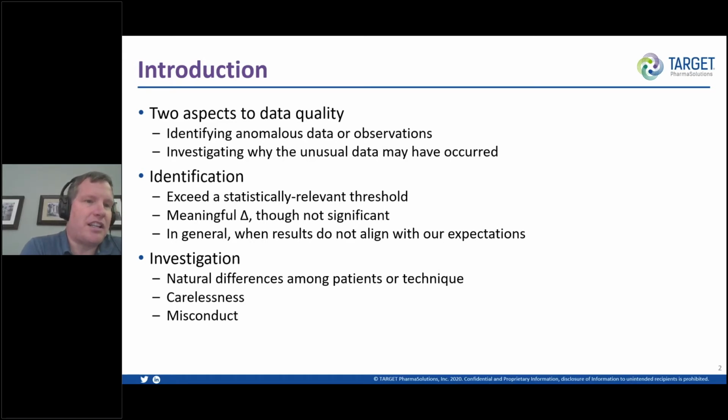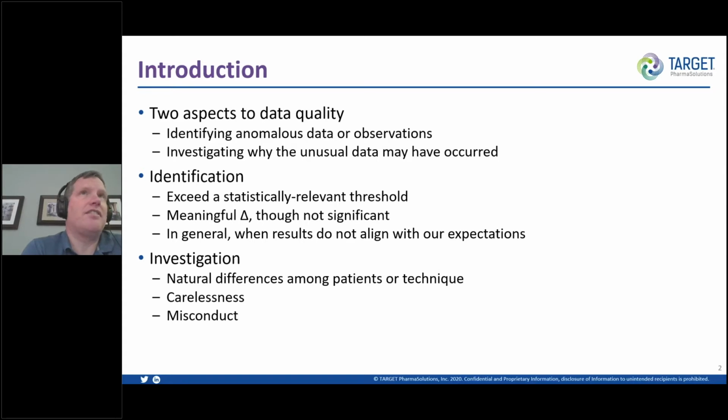And typically in identifying issues with data quality, we may exceed some statistically relevant threshold if we're using statistical tests to identify problematic data. We may try to predefine some meaningful thresholds that would be important to see even in the absence of statistical significance.